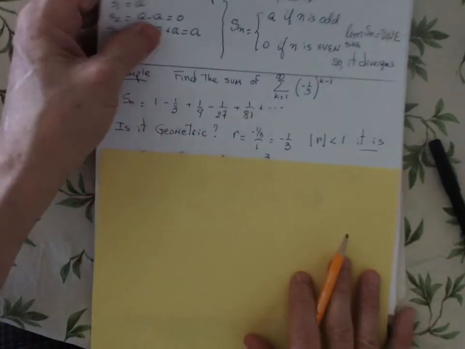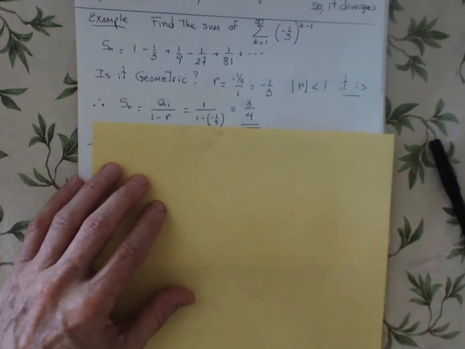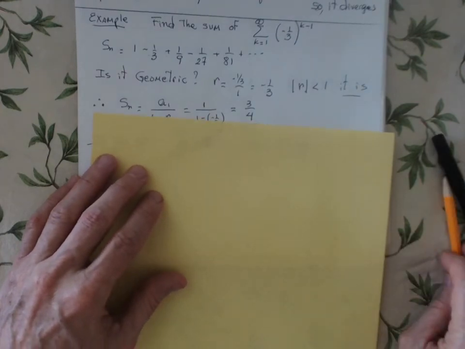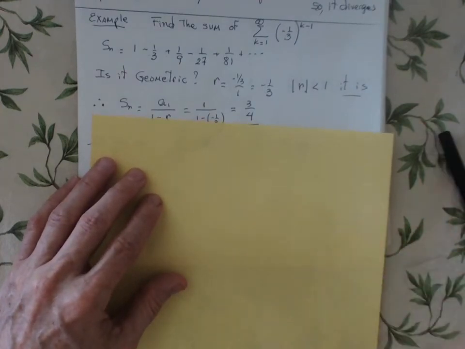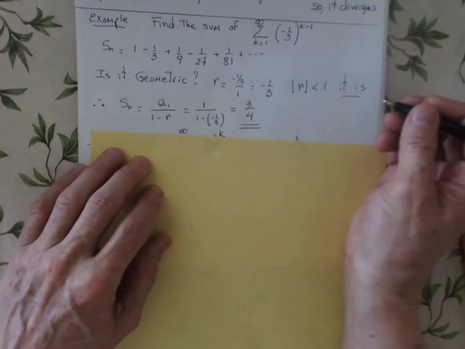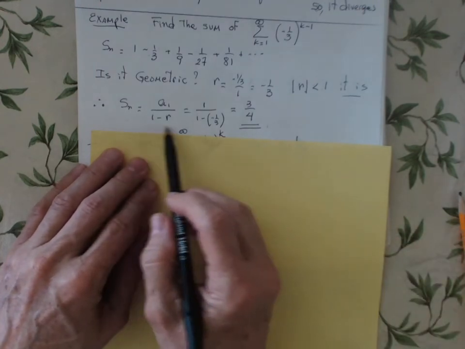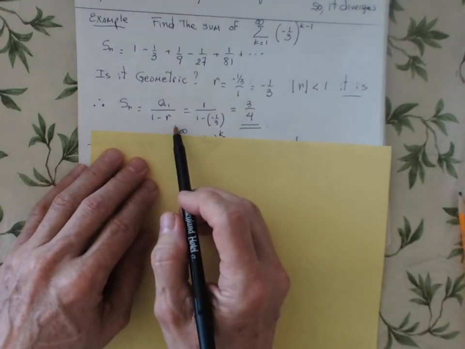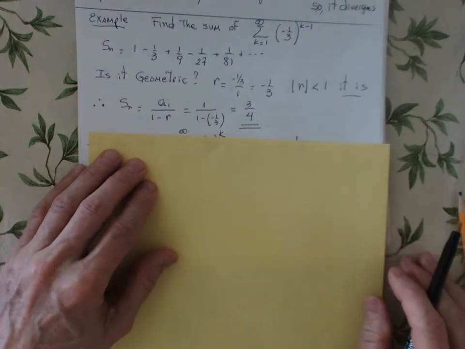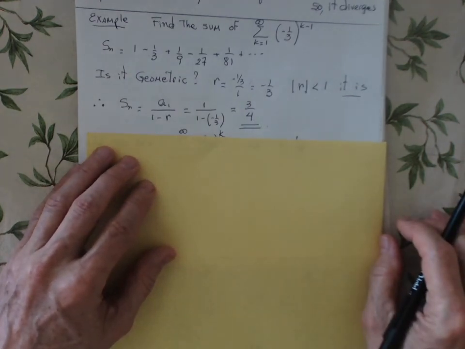So therefore it is geometric, and it converges, okay? And you use your formula, and you find out that the sum is 3/4. The sum is 3/4.